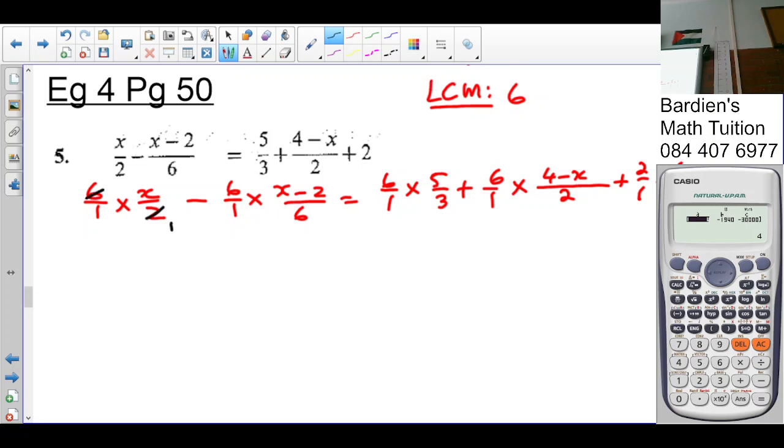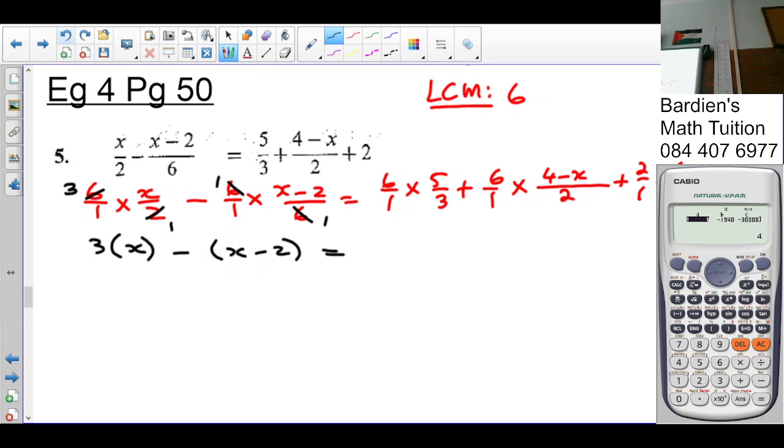2 going into 6 is 3, so it's 3 into x. 6 cancels 6, so isn't it negative 2 and then x? Why? Because 6 goes into 6 once, 6 goes into 6 once. So it's negative 1, which must be multiplied by x minus 2. You understand?